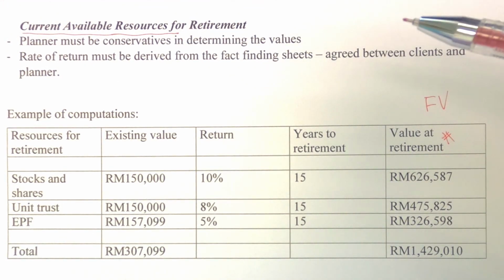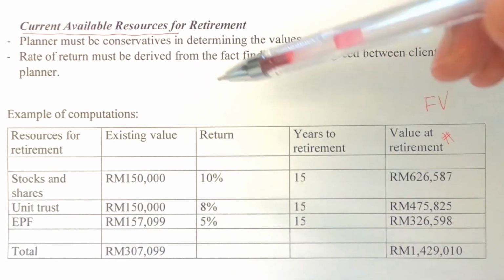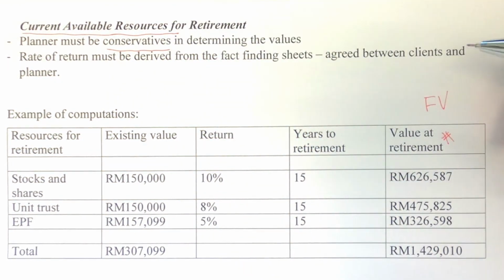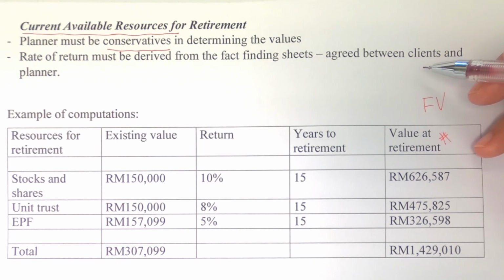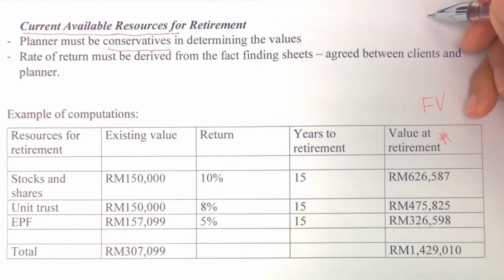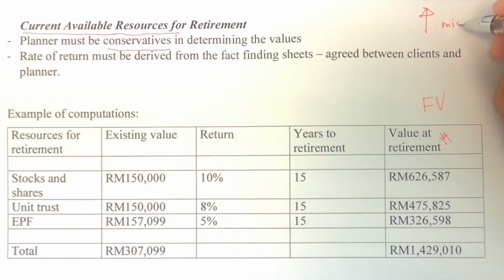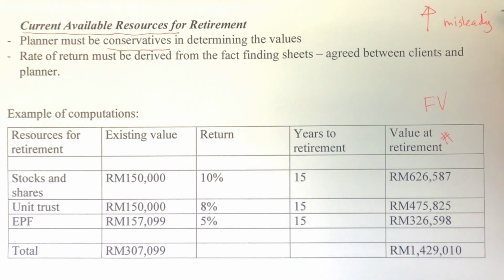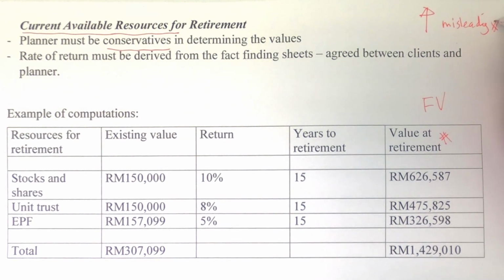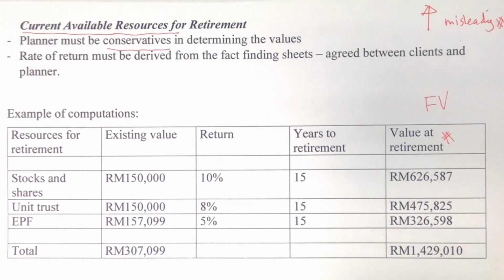Therefore, conservative is important in the sense that you must not predict the price or the value to be too high until it is misleading. Okay, so this is not acceptable. If you predict that the value will be increased too high, it might be misleading, and it will be meaningless at the end of the day, because that's why you have to be conservative.